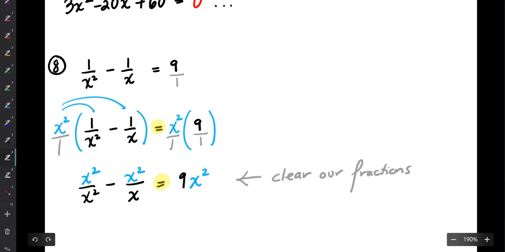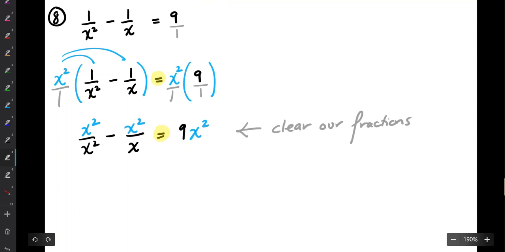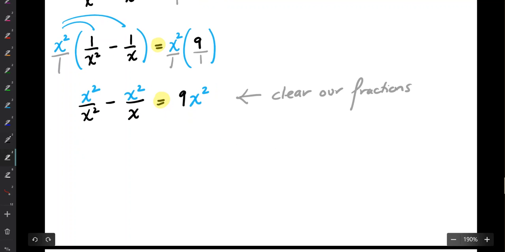By multiplying both sides by the least common multiple of the denominators that we have there, it makes my life simpler. X squared over x squared is just a big fancy 1. X squared over x is just an x.